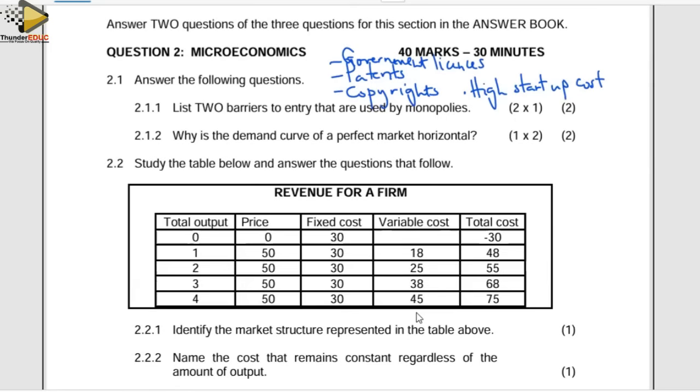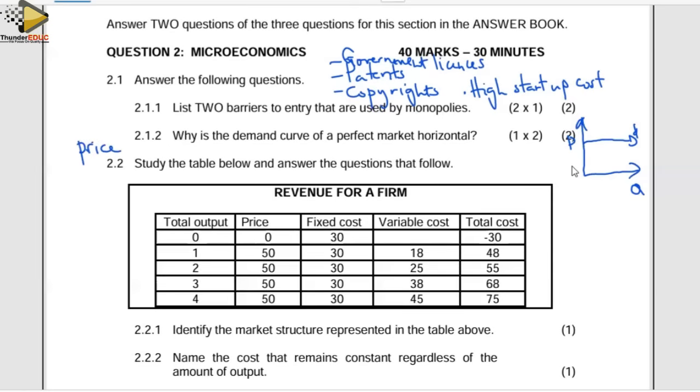Right. Why is the demand curve of a perfect market horizontal? We are saying a perfect market's demand curve is horizontal. The price and the quantity. At this particular price, the demand curve is horizontal. Why is it horizontal? What you must understand here is that businesses are price takers.